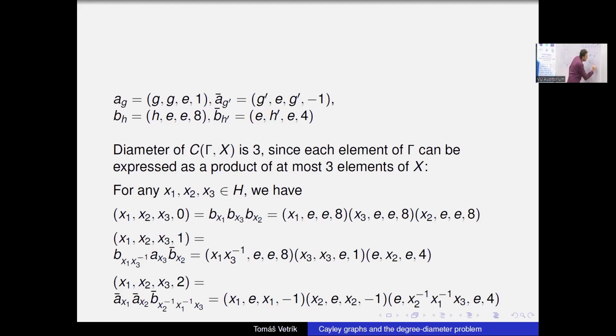And the last one will be 8 plus 8, which is 16, and 16 modulo 12 is 4.